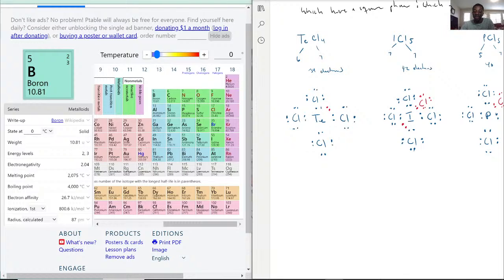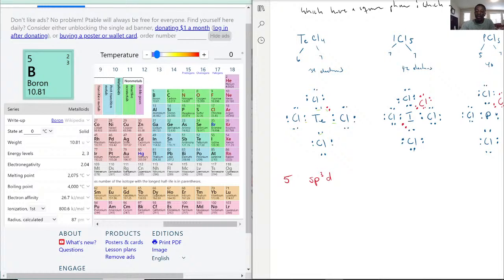We figure that out by seeing the amount of things it's attached to. It's attached to 1 single bond, another single bond, 3 single bonds, 4 single bonds, and 1 lone pair. But in total, that's going to be a hybridization of 5, okay? And if you have a hybridization of 5, that is sp3, because 1, 2, 3, 4, 5.